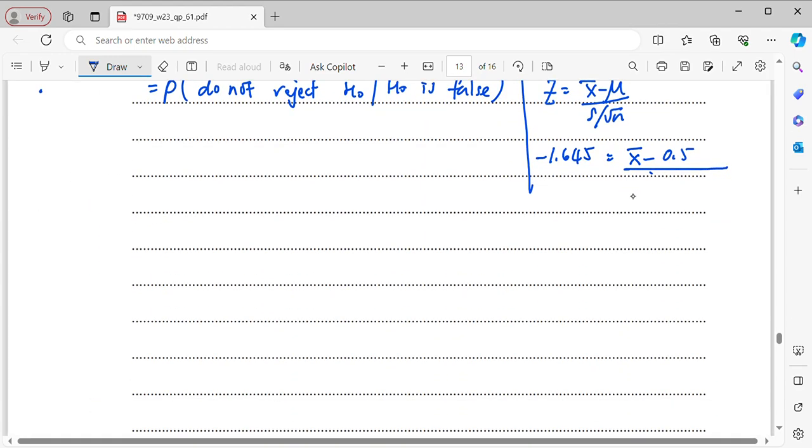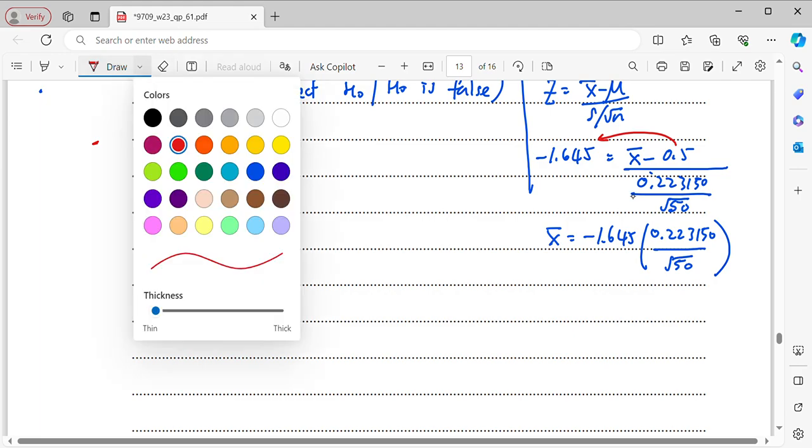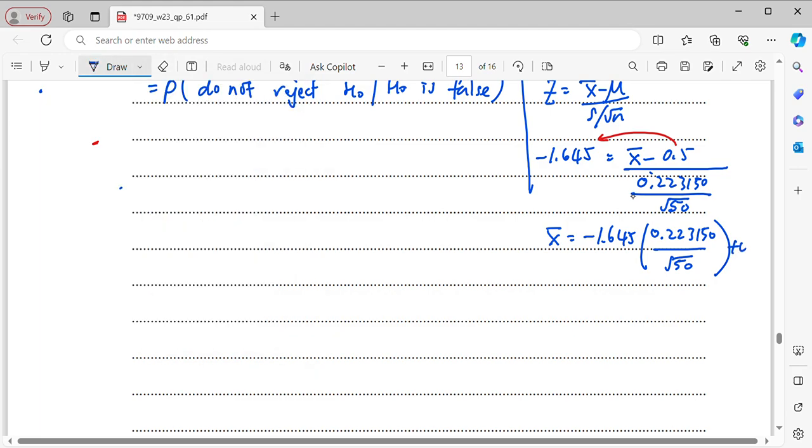0.223150 over square root of 50. Okay, then from here, my X bar is negative 1.645 multiplied with the denominator. After that, the minus 0.5 will move to the other side, so it becomes plus 0.5. Then from here, your X bar is going to be 0.4481.